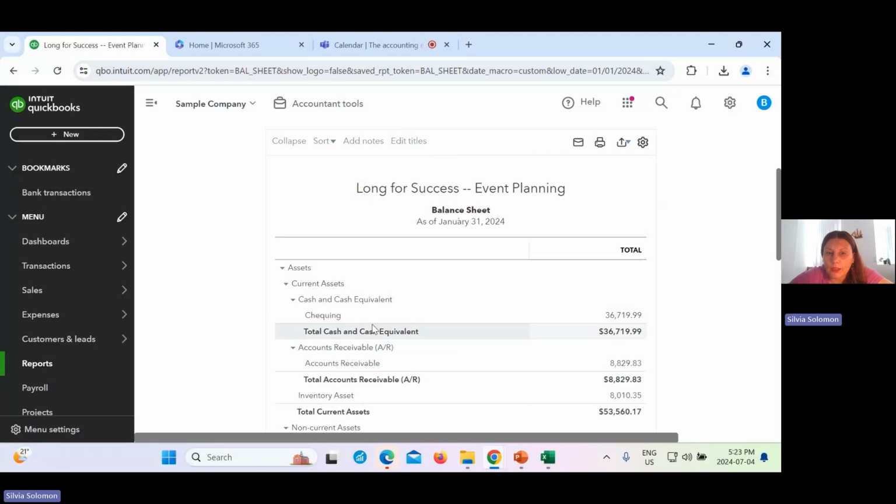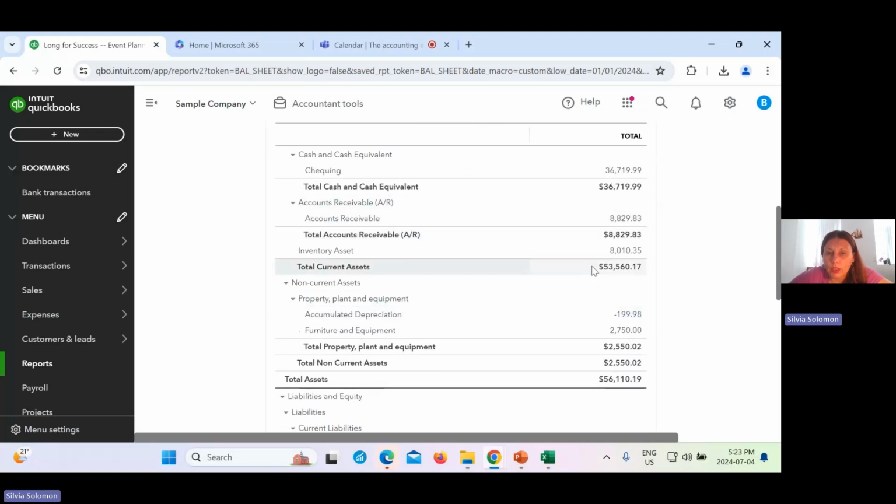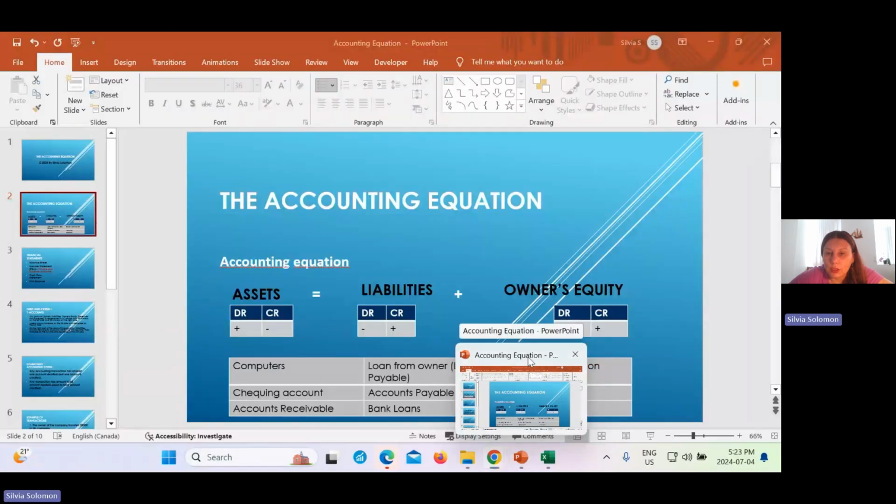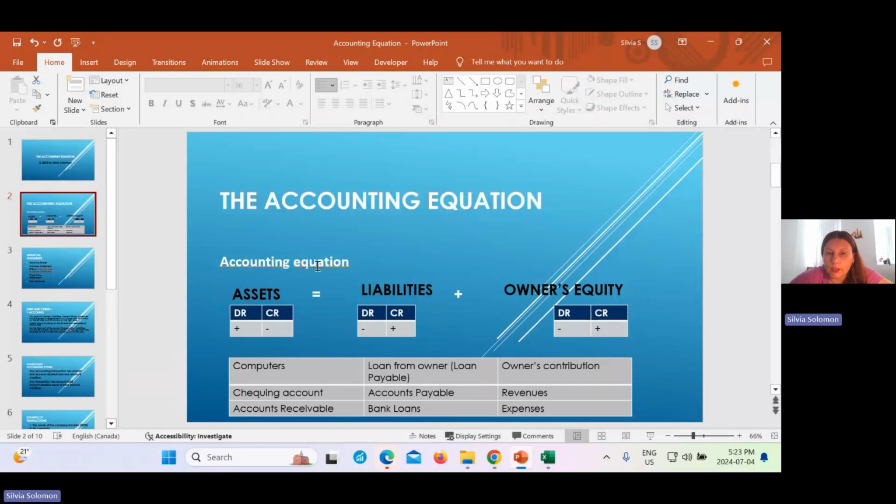here is the balance in the accounts. The accounting system calculates it automatically. The accounting system, in other words, does those T accounts and does the debits, credits, and calculates everything.